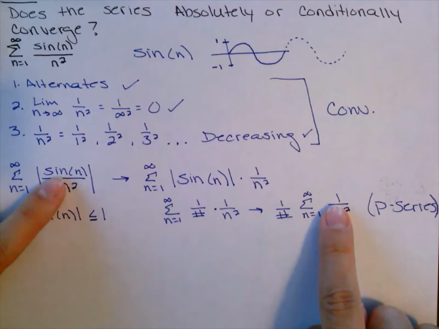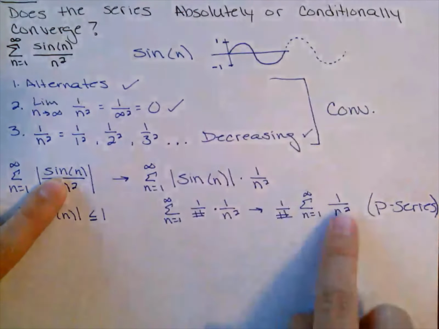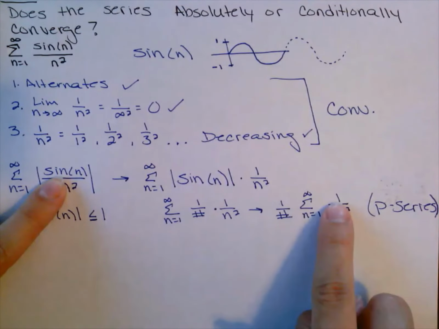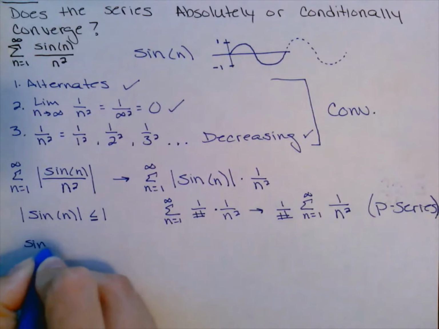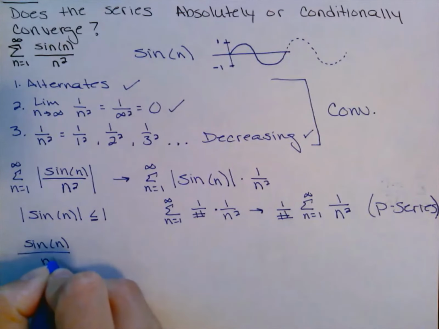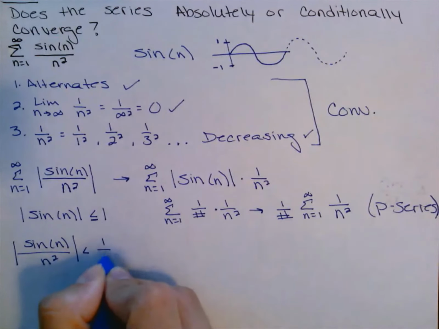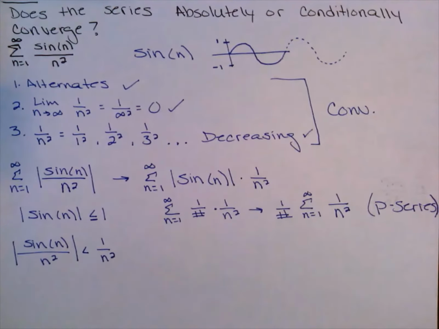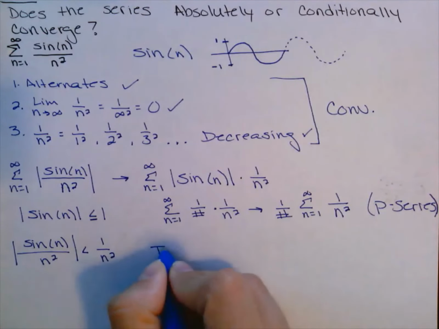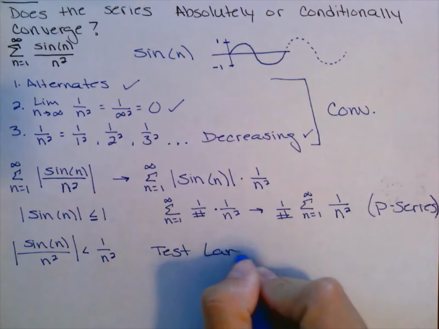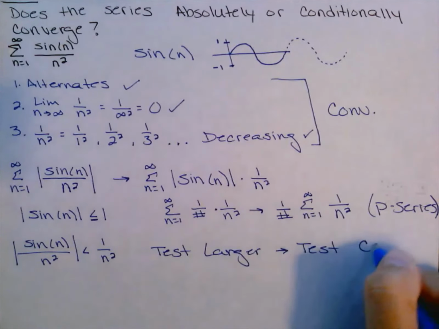Sine and 1. Now, if we look at their graph, I know sine will give me numbers equal to 1 or less than, and this one will always be 1, which means that this one is going to be bigger. So, since sine of n over n squared is smaller than 1 over n squared, I'm testing the larger one, which means I can only test for convergence.